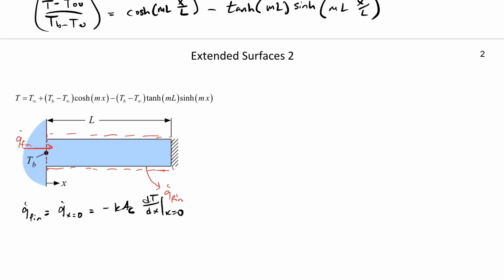The other thing is we can say Q dot fin is also equal to Q dot convection, which is the integral from x equals 0 to L of h-bar times perimeter times (T minus T infinity) dx, where T is a function of x. That's our function we just derived. Those are the two ways that we could evaluate this.